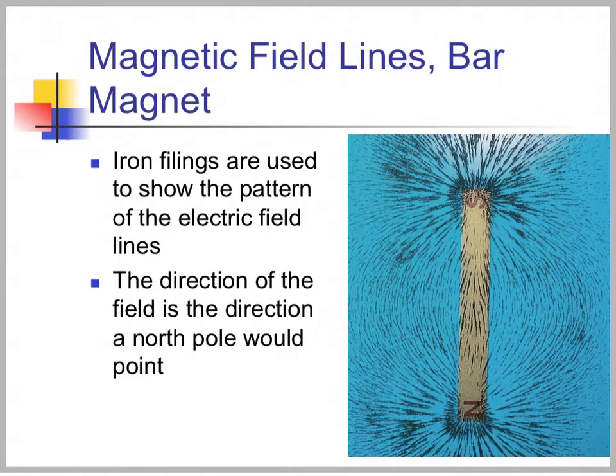We can also use iron filings because they're essentially little iron slivers that act as little permanent magnets, and they line up along the magnetic field. And so we see the field lines coming out of one pole, going around into the other pole.